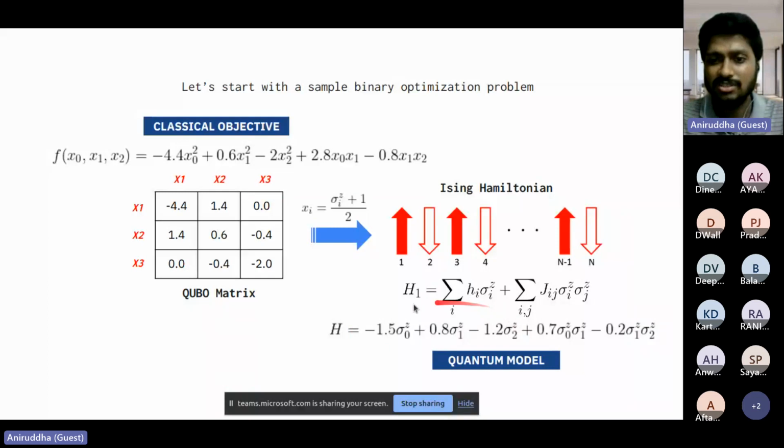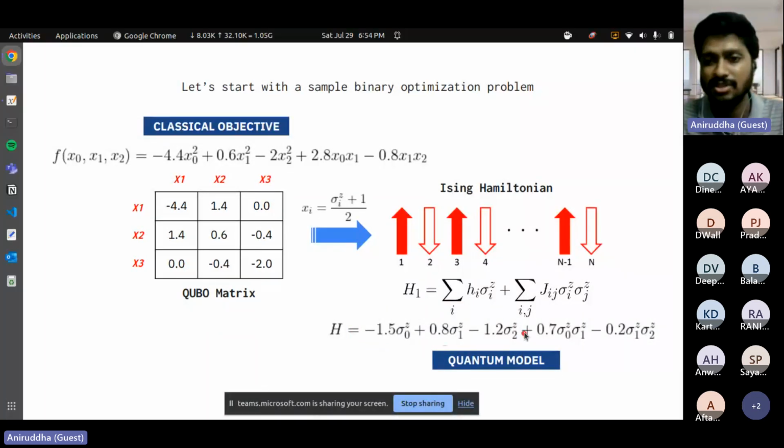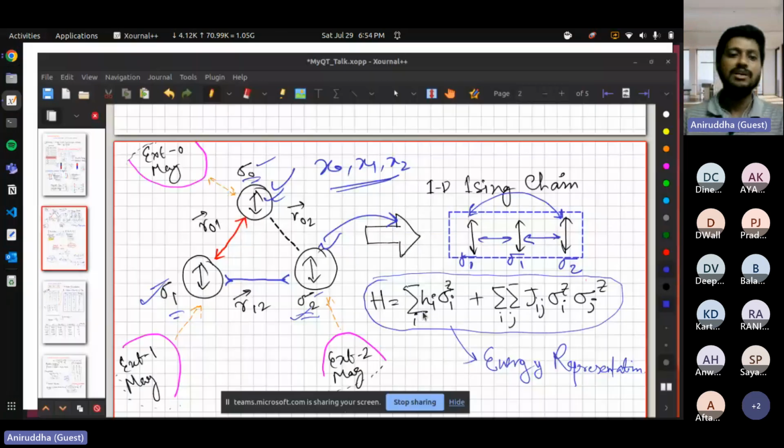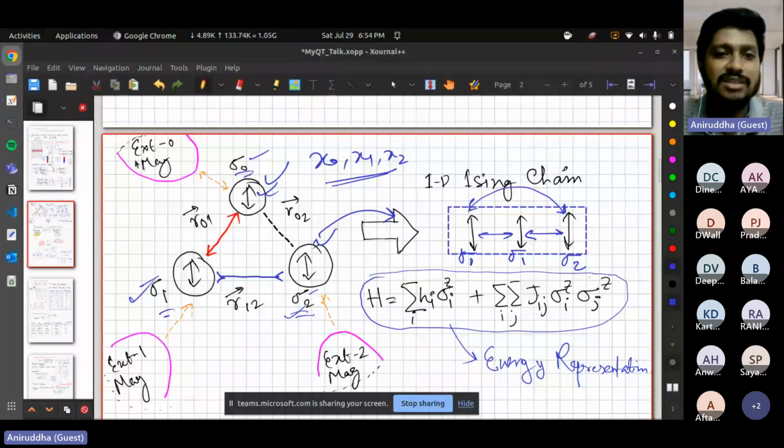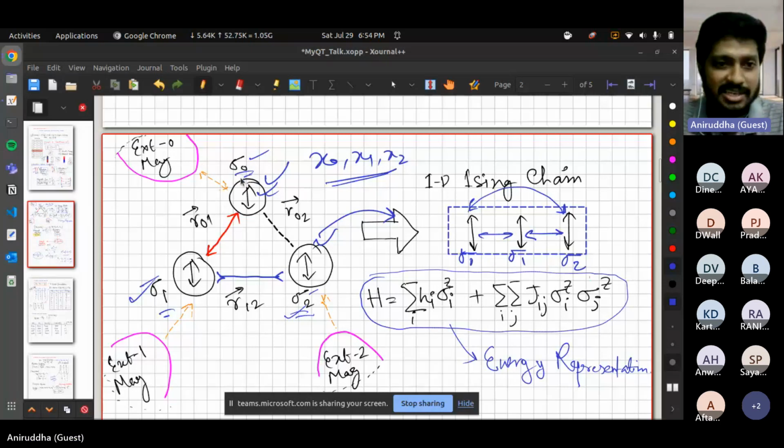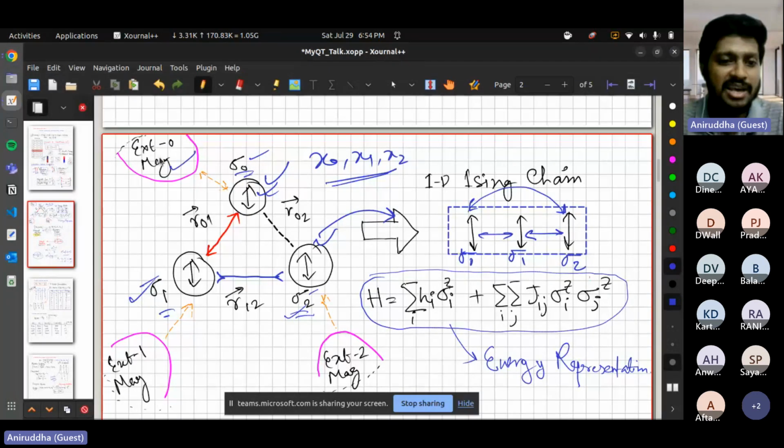Now, the other three terms are bias terms, and they are called bias terms. So how do you implement those terms? You can have some external magnets for the individual spins, right? I have named them external magnet 0, external magnet 1, external magnet 2.